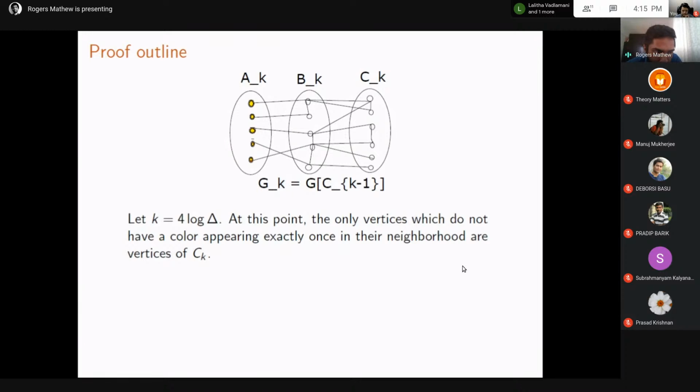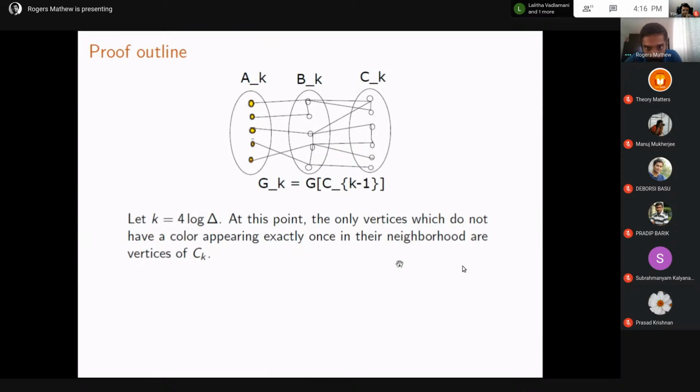A2, B2 we took care of by giving the vertices of A2 another new color. So C2 is left to be taken care of. So we kept doing this until we reached the kth stage, where k is some constant times log delta. So as noted here, at this point, the only vertices which do not have a color appearing exactly once in their closed neighborhood are vertices of Ck, right?